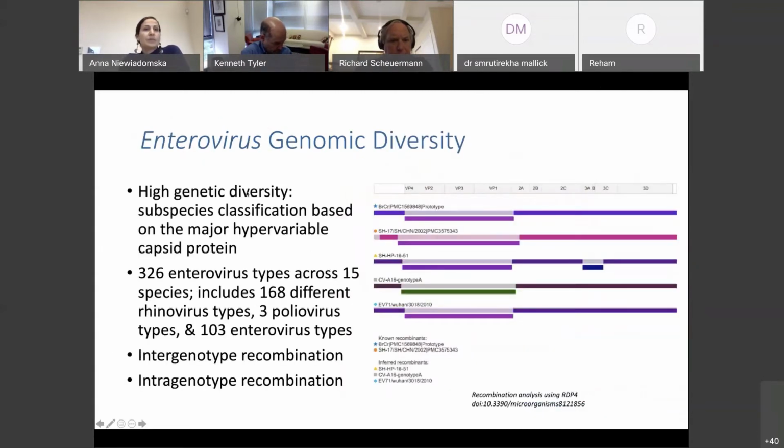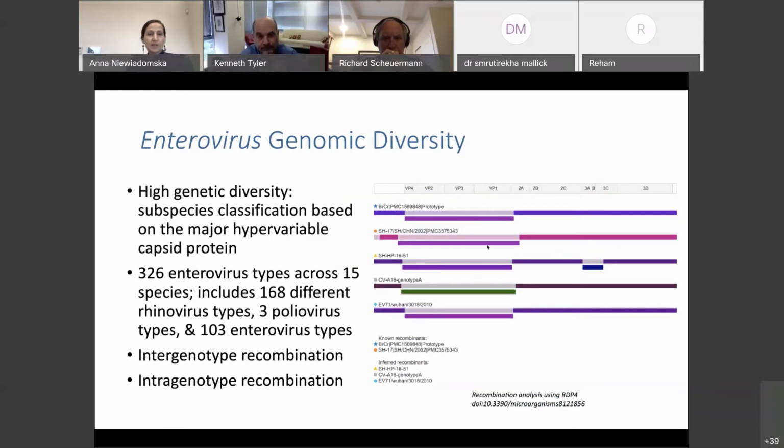So where does enterovirus genomic diversity come from? First of all, there is a high level of genetic diversity even within a species. So subspecies are usually classified based on the major hypervariable capsid protein, VP1.